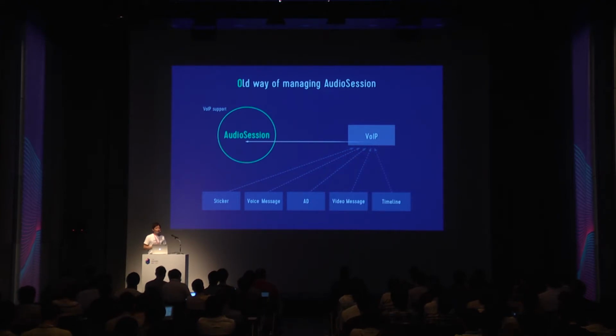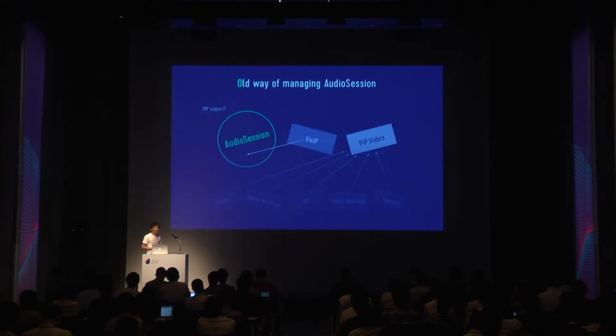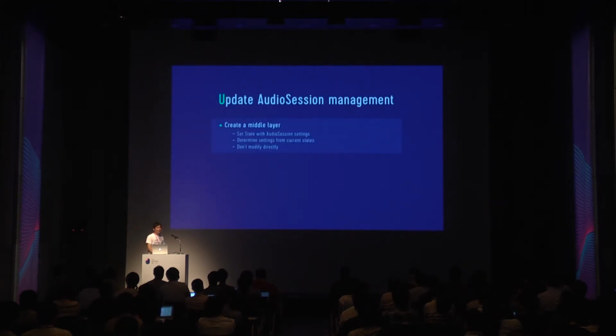So each function would first check if VoIP is calling. And now we need to respond to PIP. PIP's life is longer compared to other functions, so it overlaps with other features. So following VoIP, PIP should also be referred to and checked by other functions, but actually this is not possible. We cannot do that.